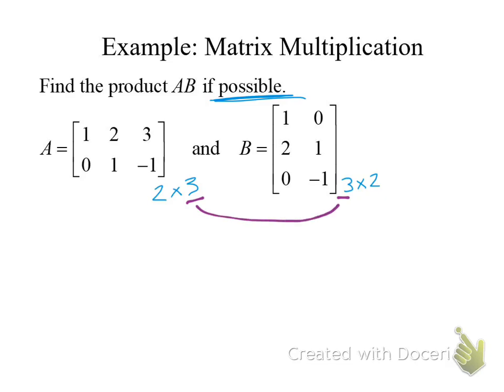They have to match up in order for us to be able to multiply them together. And so the order of my matrix C, remember A times B will equal a matrix C, is going to be these 2 outside numbers. The first one comes from that first matrix, so C is going to be a 2 by 2. Okay, so that's going to get us started.